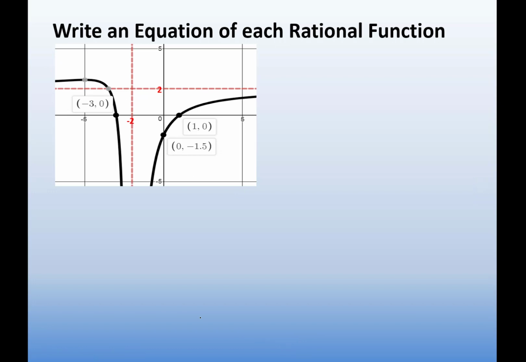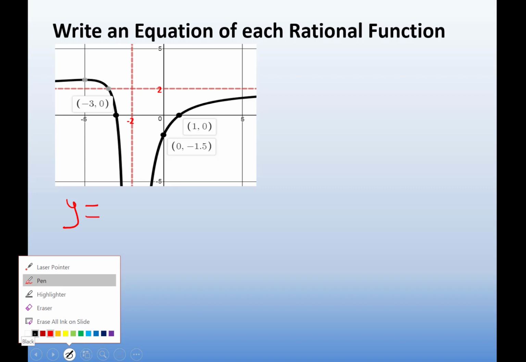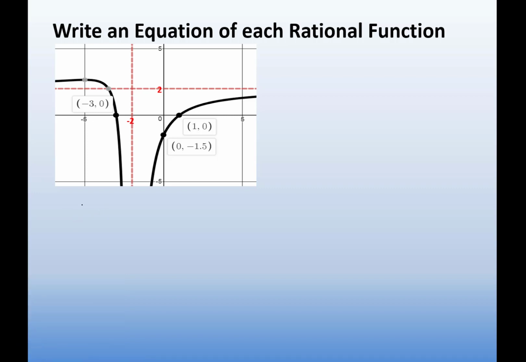All right, so let's take on this example. It's a good idea to start in factored form. That's how we started when we graphed. We would write down the factored form, and then we'd pull out the information we needed to do the graph. Well, now we're just doing it in reverse.